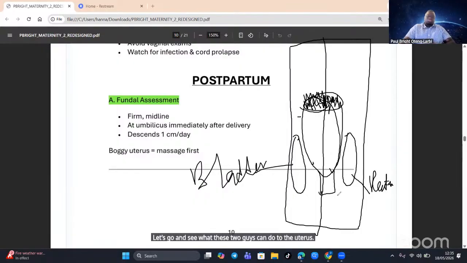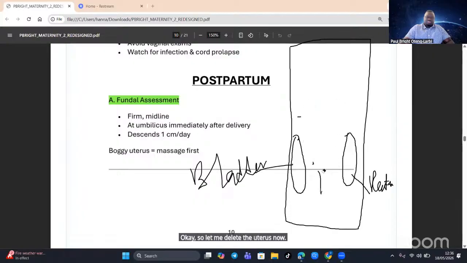The baby is out. I have massaged the uterus. The uterus is still de-aligning itself from the centrality. So let me delete the uterus now. I'll keep the bladder, the uterus and the rectum. I'll draw my midline.